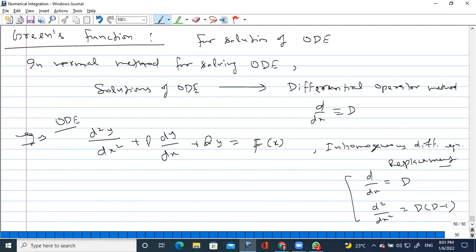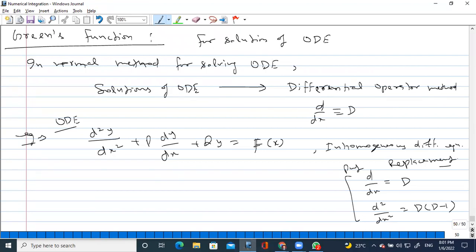I am not solving that, but these are the normal methods for solving the ordinary differential equation. In that we put d by dx equal to capital D, d2 over dx square equal to D into D minus 1. So this is our method.